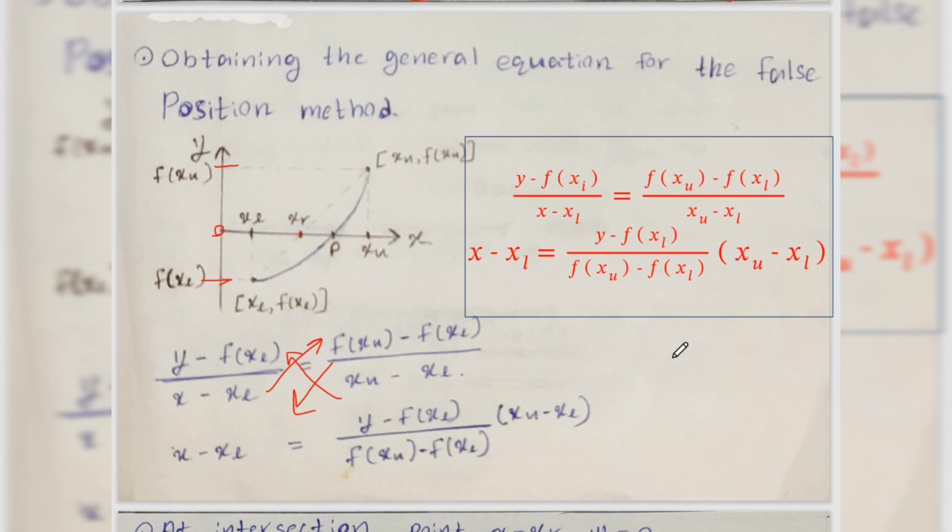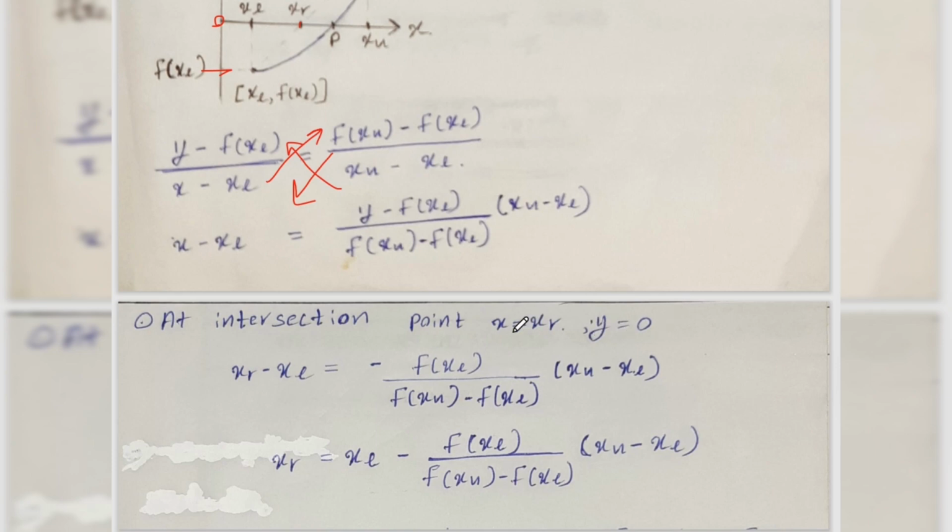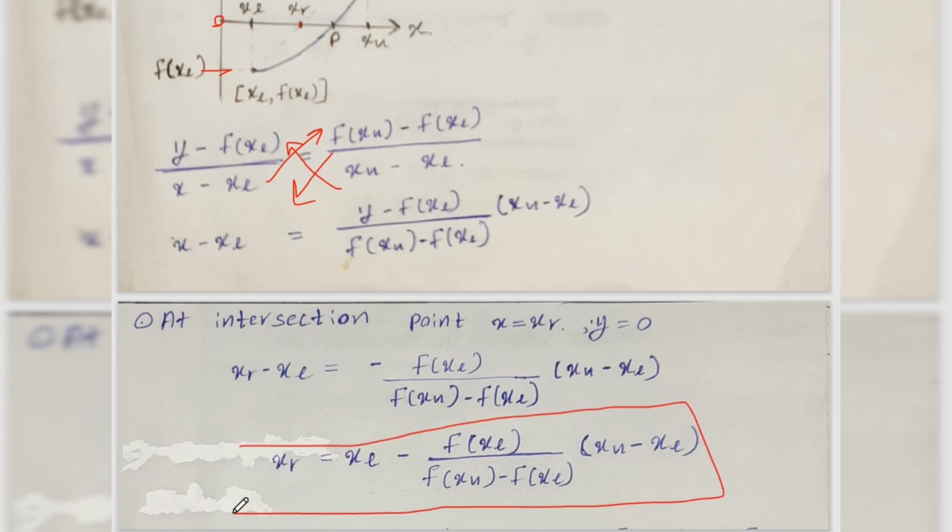At the intersection point, y is equal to 0 and x is equal to xr. Therefore, xr minus xl is equal to minus f(xl) over (f(xu) minus f(xl)) times (xu minus xl). Finally we have xr is equal to xl minus f(xl) over (f(xu) minus f(xl)) times (xu minus xl). So this is the general equation for the false position.